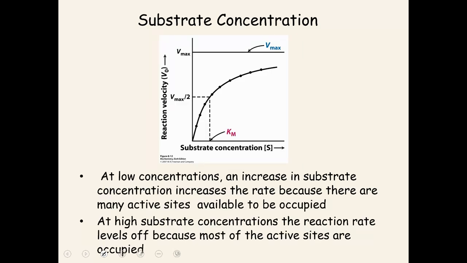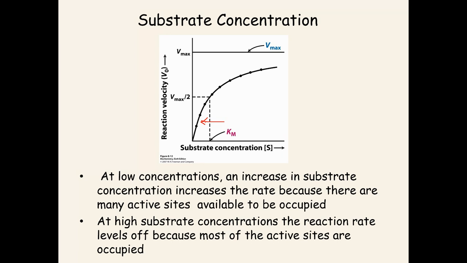Okay, I want to get to this graph here. What I want you to see is that this is a plot of velocity of reaction, how fast the enzyme's going with its substrate, versus substrate concentration. Initially, if we add more substrate, the enzyme speed increases.